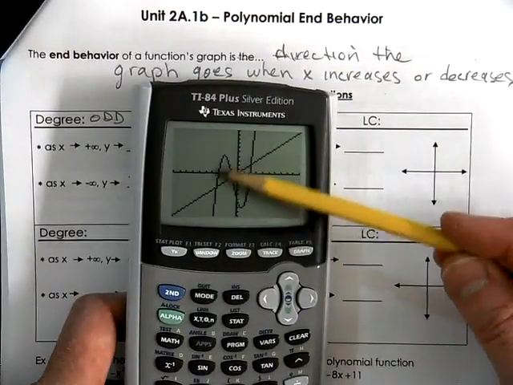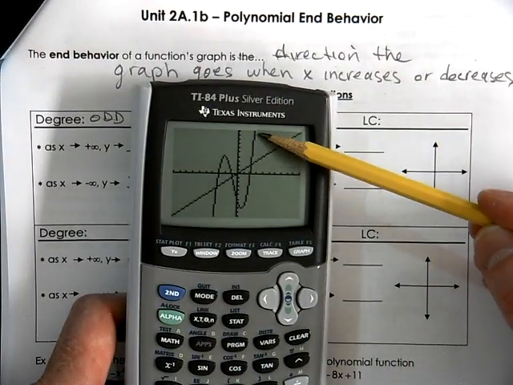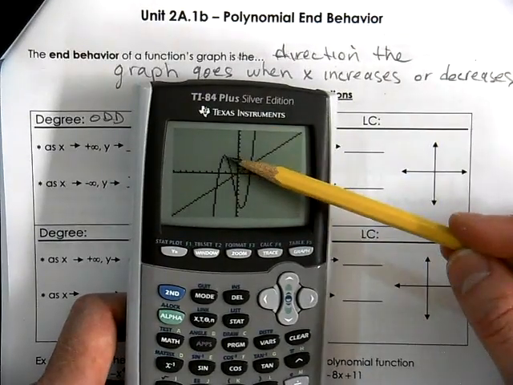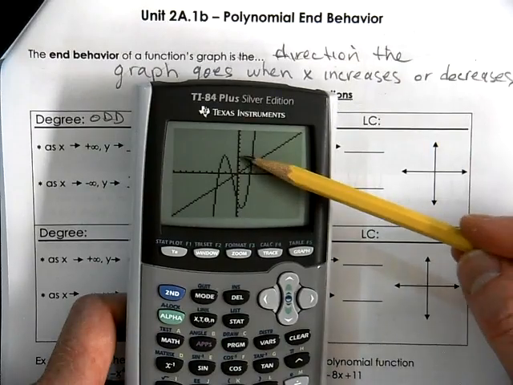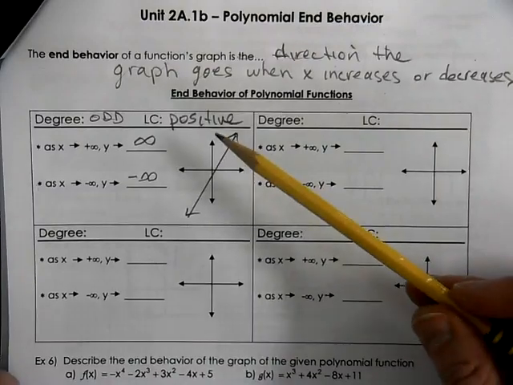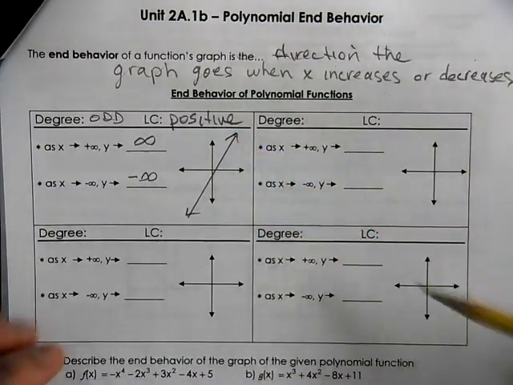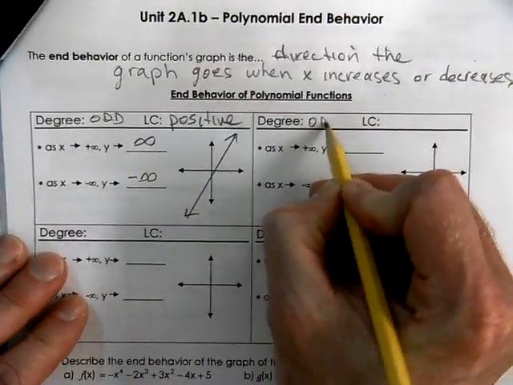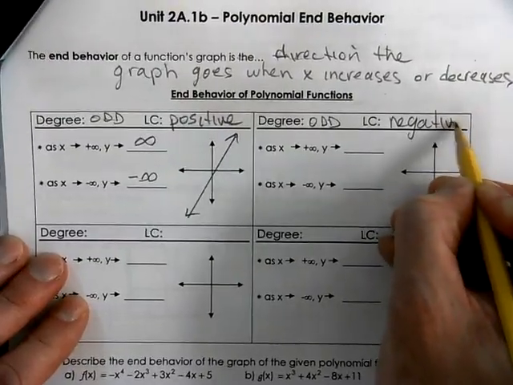And you see that there could be a lot of movement, but in the end, it's going up to the right and it's going down to the left. Doesn't matter what happens in the middle. Doesn't matter how complicated the graph looks. An odd degree is going to go up to the right and down to the left as long as it has a positive leading coefficient. We could also have an odd degree that has a negative leading coefficient.